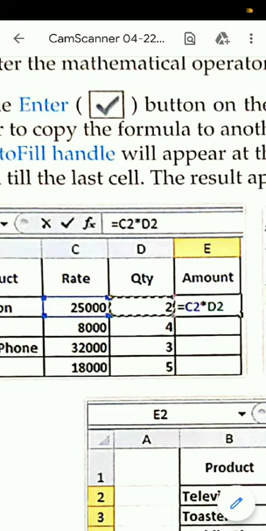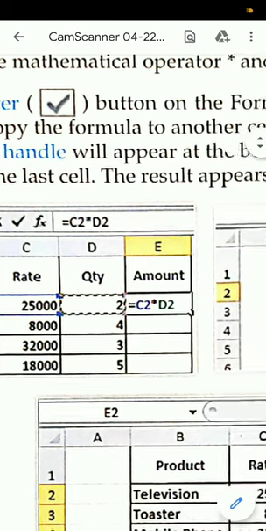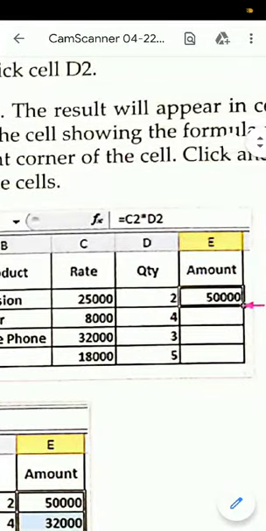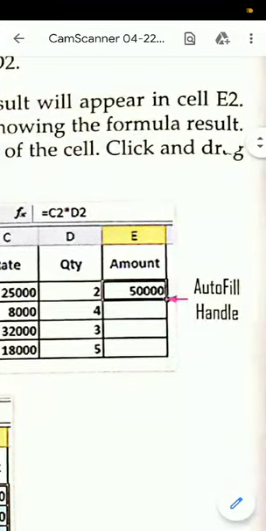Quantity 2 is at column D, row number 2, so that will be D2. So equal to C2 into D2. As soon as you write this and press the enter key, you will get the amount 50,000.